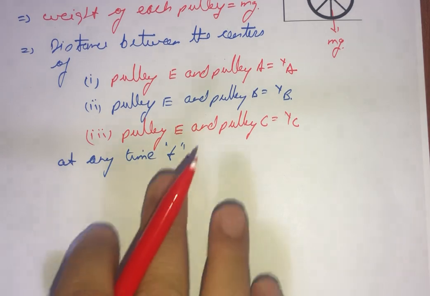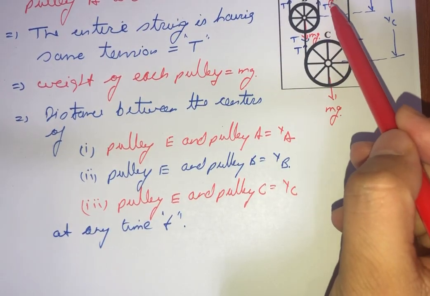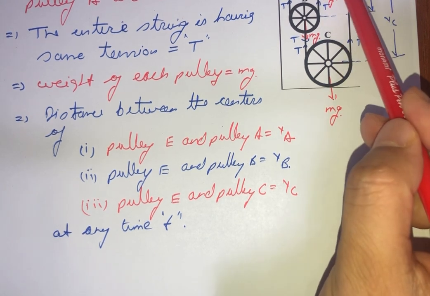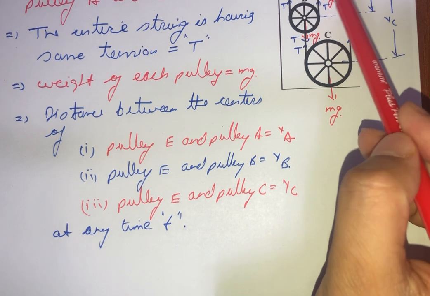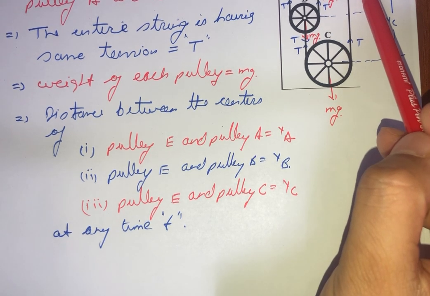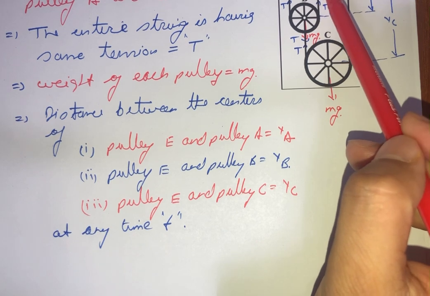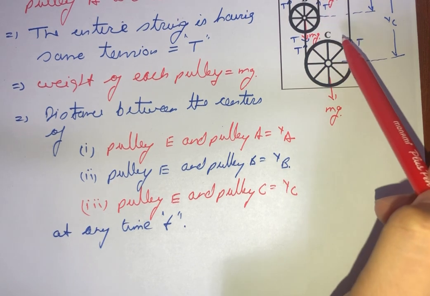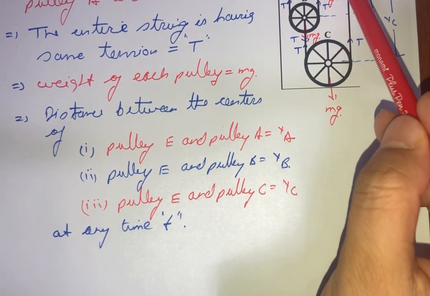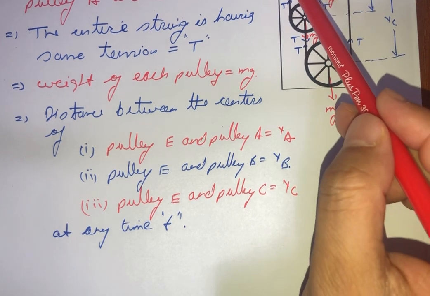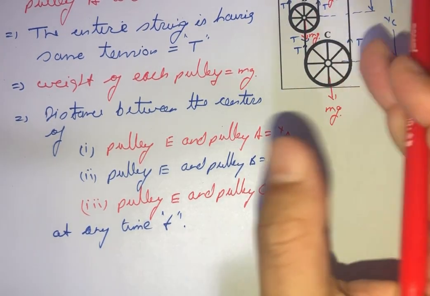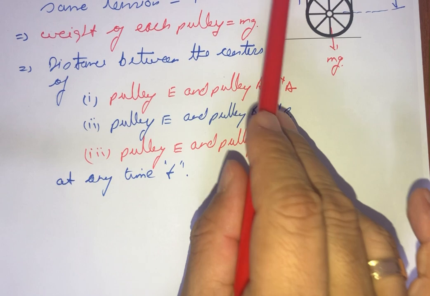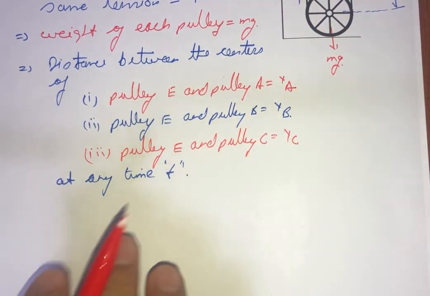Now you can see, if we measure the amount of string between the centers, between the center of E and A, and similarly we find out the length of the string between the center of A and B, E and C, and D and B. So we are going to use various combinations to find out the amount of string between the centers of various pulleys.